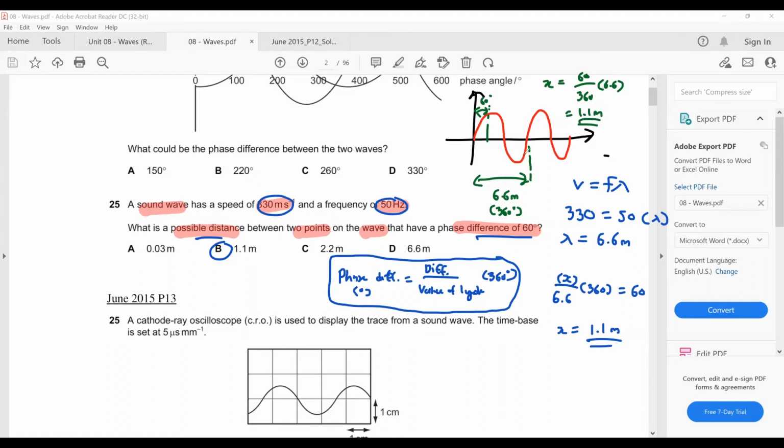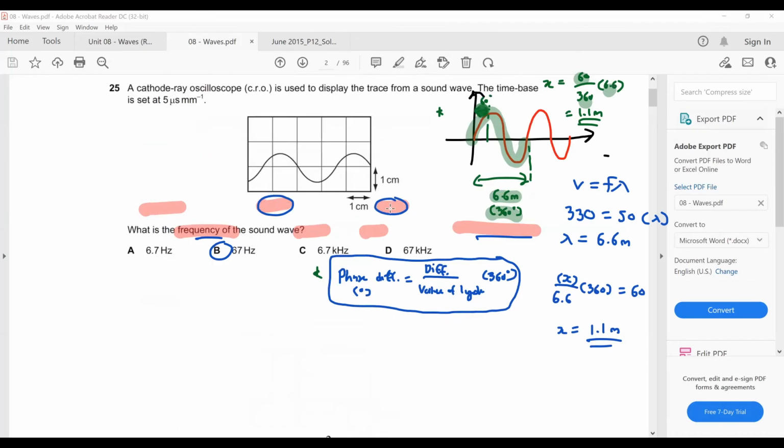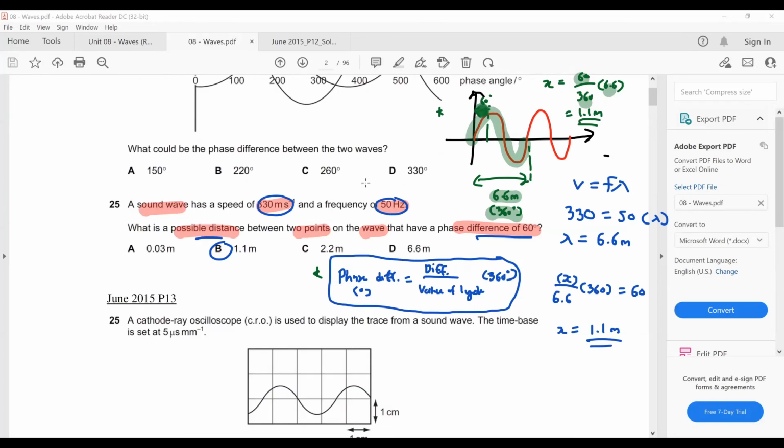You can do it this way if you want to. Either you look at it in terms of an equation, or you look at it from a graph. Because a full waveform here is already 360, representing 6.6 meters. For a phase difference of 60 degrees, 60 divided by 360 times 6.6 gives you 1.1. So that one is okay.